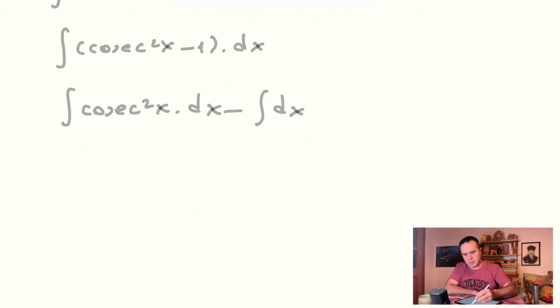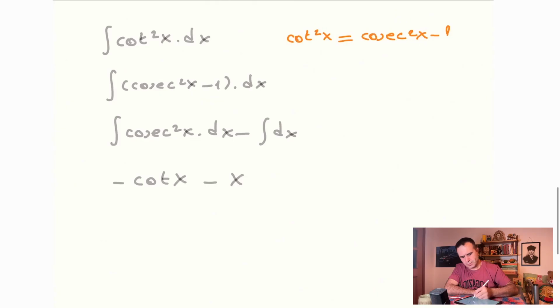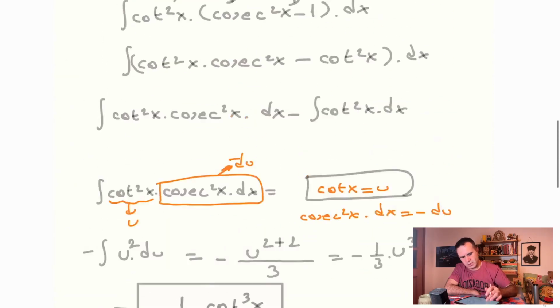Then the integral of cosecant square of x should be minus cotangent x, and minus the integral of dx, which is x. Okay, this is the second one.